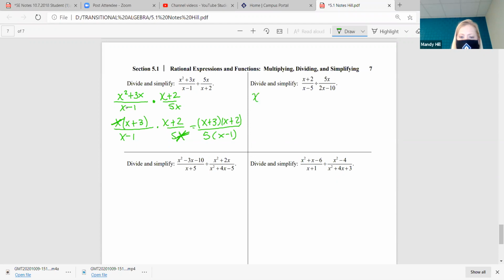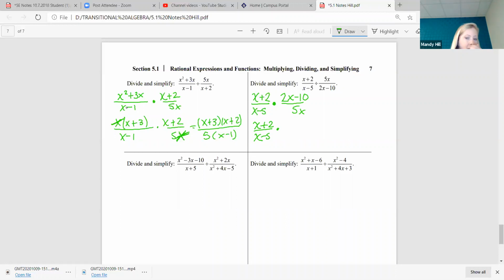Okay, we've got X plus 2 over X minus 5. I'm going to change my division to a multiplication. I'm flipping my second fraction. I don't think anything's going to factor out of X plus 2 or X minus 5. I do notice that there's a 2 in both of these terms.